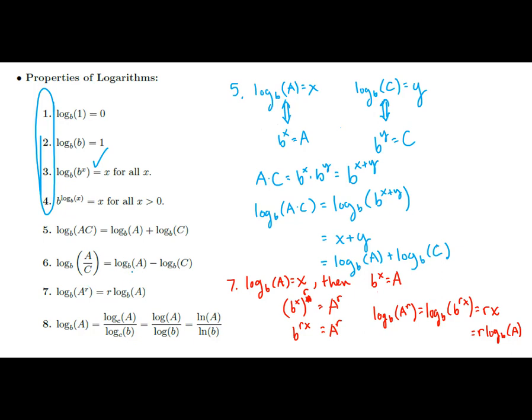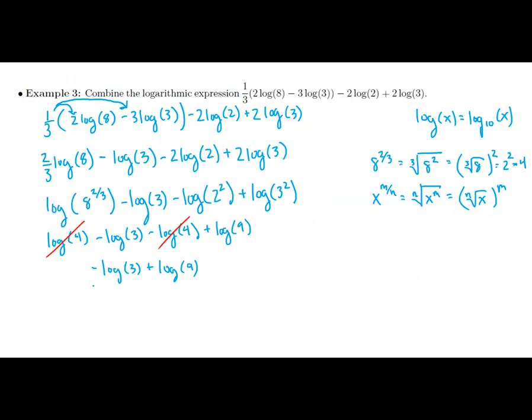So the key here is that it's not about which one comes first or second, it's about the positive one goes on top and then the negative one goes on bottom. So my positive one's coming second, so this is going to be the log of 9 over 3, right? Because the 9 was the positive logarithm, the 3 was the negative logarithm. So all that just collapses down to the log of 3.